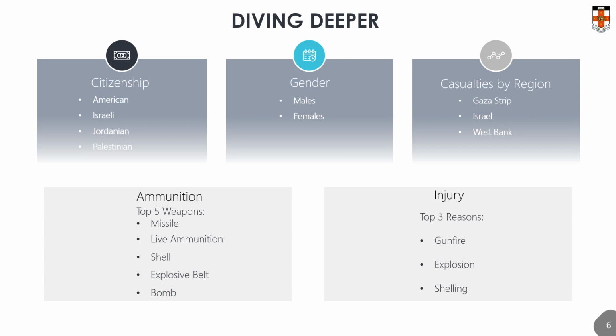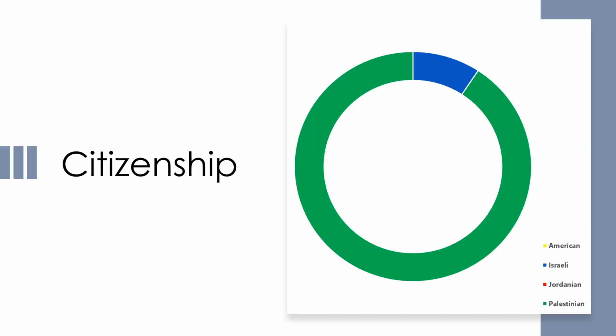So we will discuss these 5 metrics, starting with citizenship. Starting in alphabetical order: Americans, Israelis, Jordanians, and Palestinians. Palestinians are weaker here due to poor infrastructure facilities and low coping mechanisms, and have by far the most casualties, followed by Israelis.